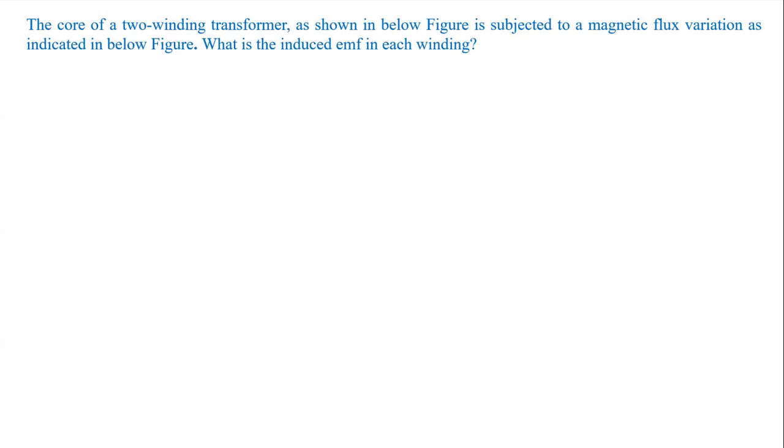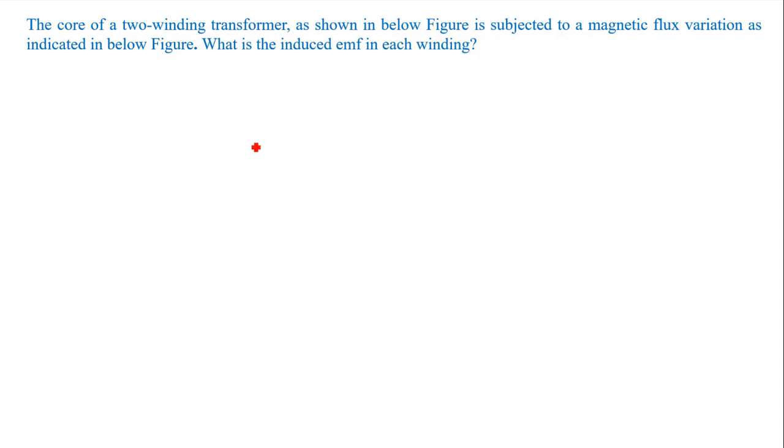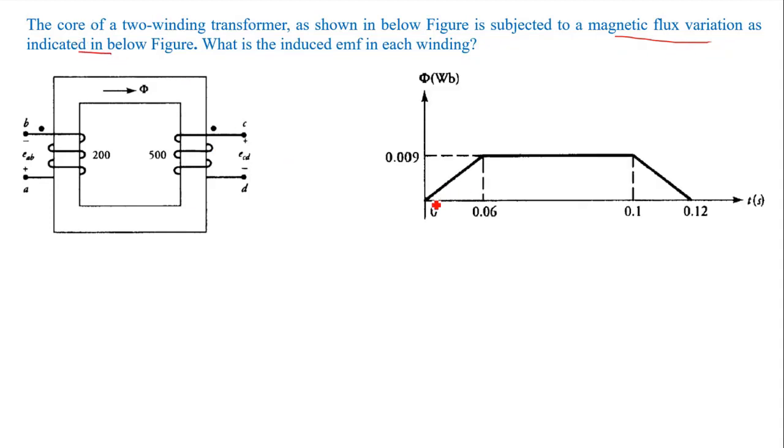Okay, now we'll do a small problem. The core of a two winding transformer, as we can see in this figure, is subjected to a magnetic flux variation as indicated in the figure below. So the flux variation in this core is like this. It is given from 0 to 0.12.